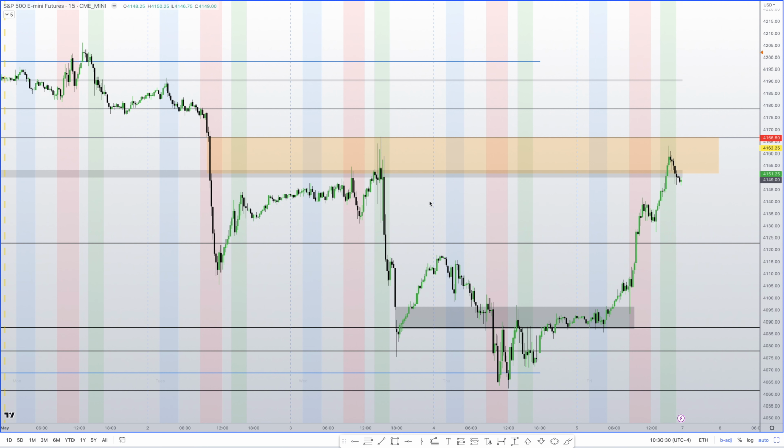So just to recap what I talked about in this review, you basically want to identify your daily inefficiencies and liquidity. With the inefficiencies, you want to break them up into quadrants, 25%, 50%, and 75%. All of your trade setups are going to form around these daily key levels, and some more that I'll speak on in the future.